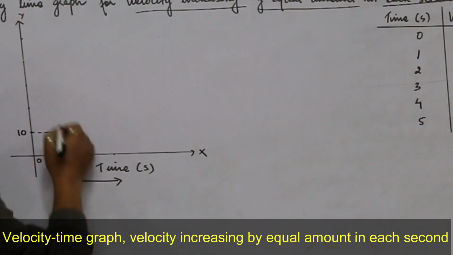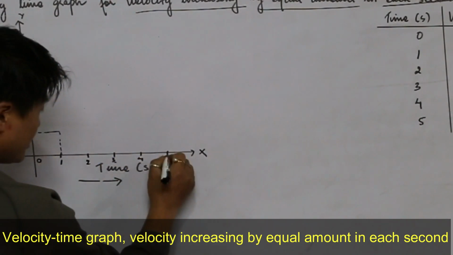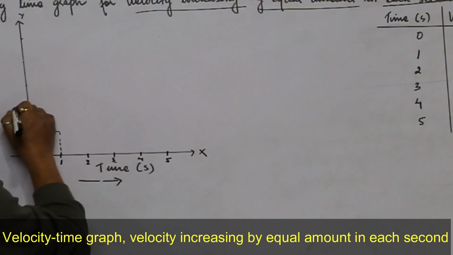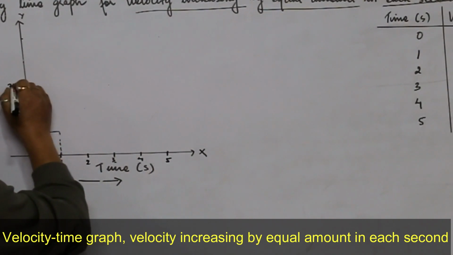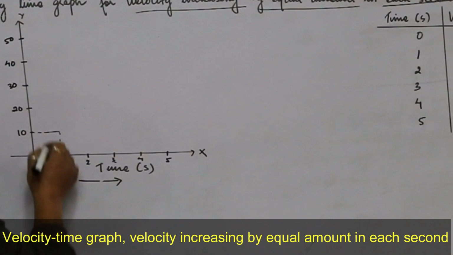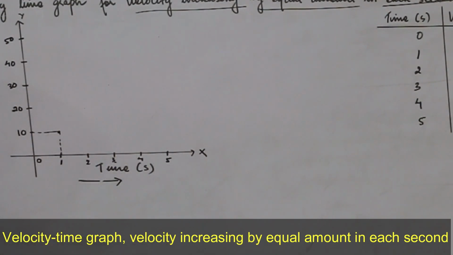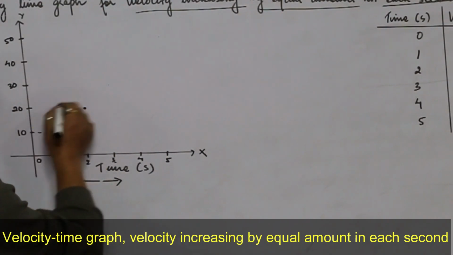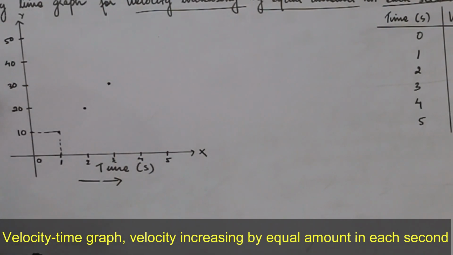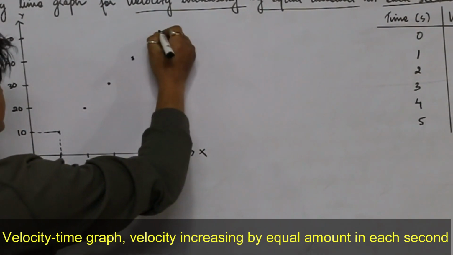And at 2 seconds, 3, 4 and 5, this is 20, 30, 40 and 50. So if we plot these points, in 1 second the body will reach here, in 2 seconds here, in 3 seconds here, in 4 seconds here, and in 5 seconds the body will reach here.